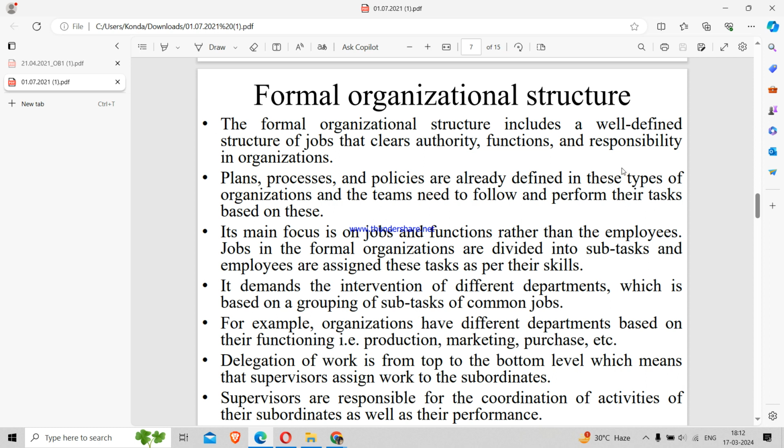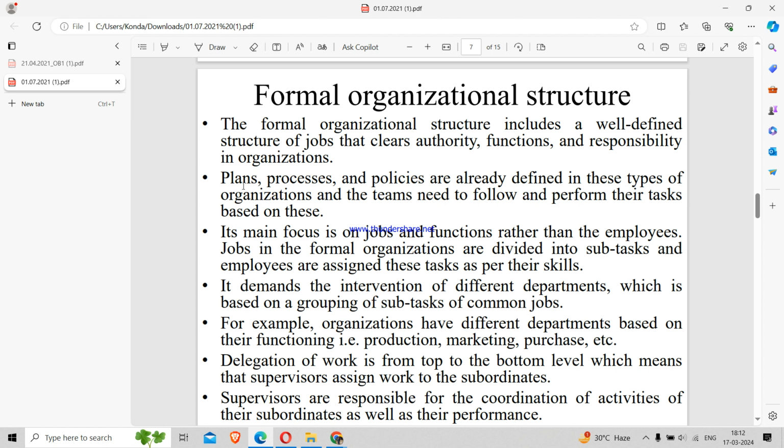But in a formal one, every employee has their own individual job which they are assigned, and they are told to mark their particular jobs and do those specific jobs accordingly.